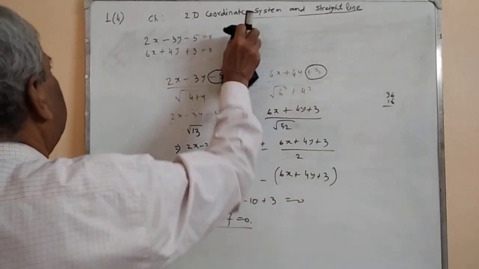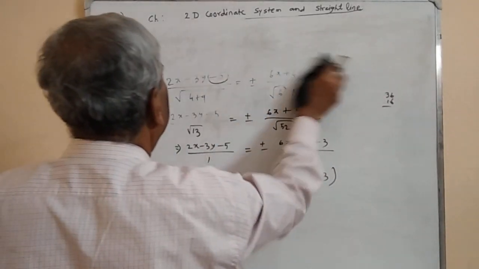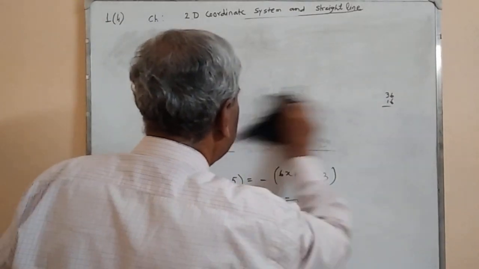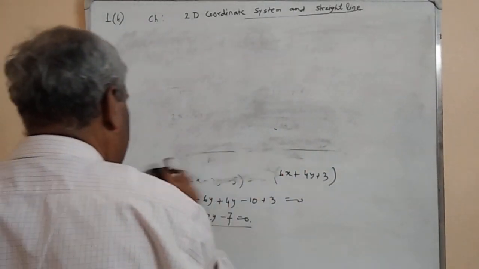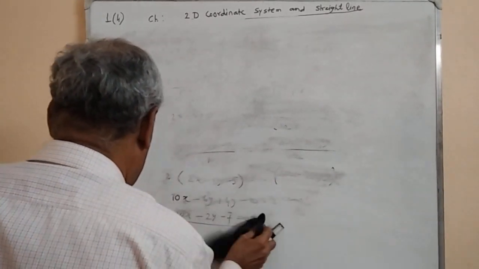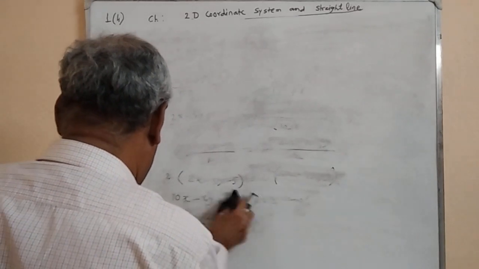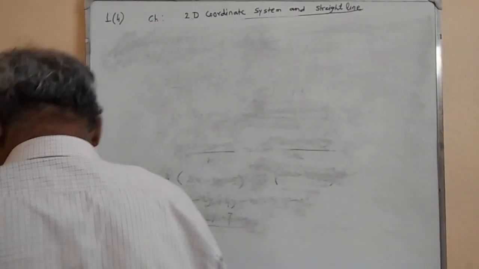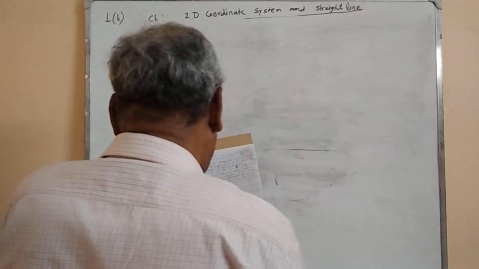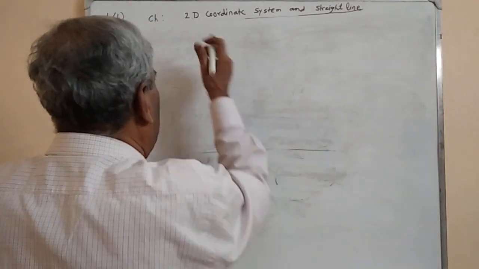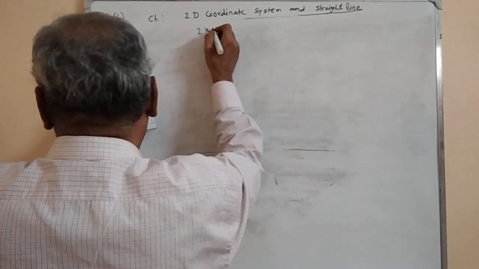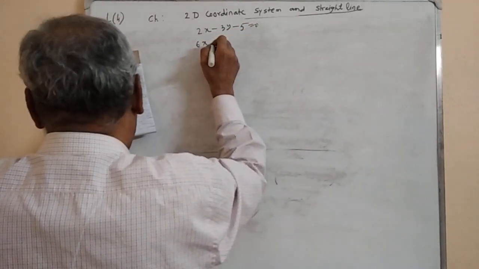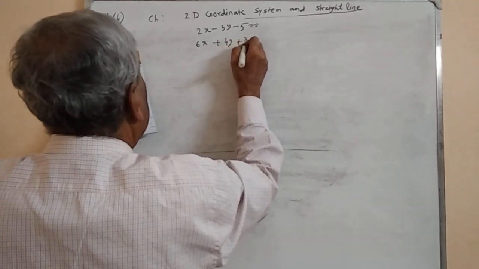The second problem: find the bisector of the angle formed by the same two straight lines, 2x minus 3y minus 5 is equal to 0 and 6x plus 4y plus 3 is equal to 0.